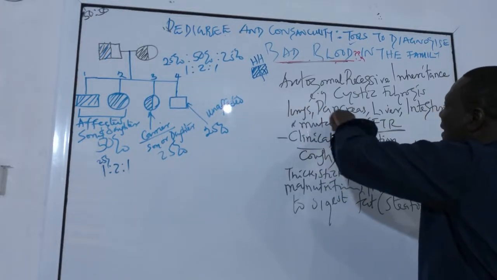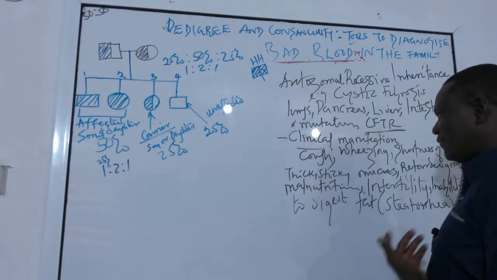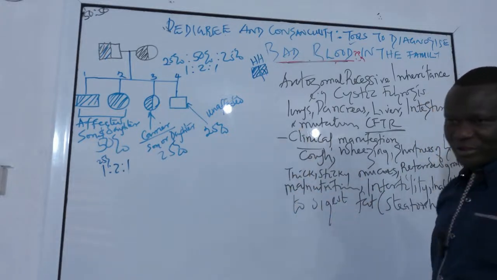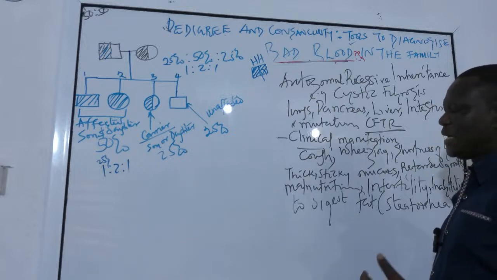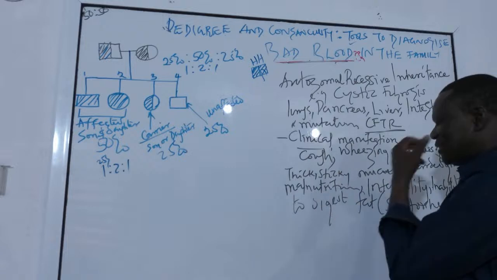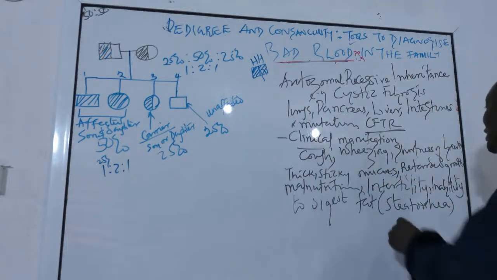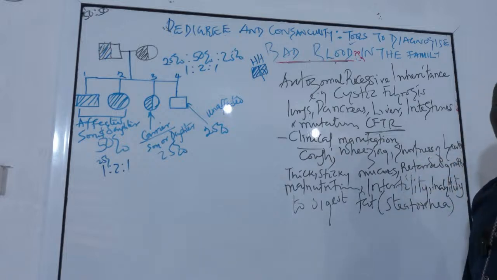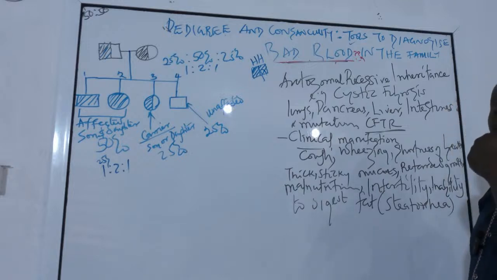The lungs, the pancreas, the liver, the intestine, all of them are going to be affected. The clinical manifestation, I told you: uncontrollable sneezing and wheezing, coughing from morning till night, and shortness of breath. The person will not be able to breathe well. In fact, you may even think that person has some other respiratory infection.